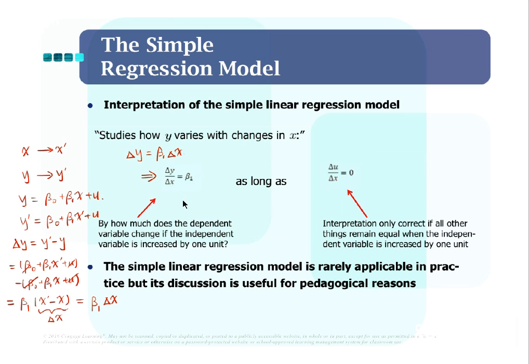And there is a very important assumption we have made here. That is, the u is not changing. That is, delta u equal to 0. So the interpretation is only correct if all other things remain equal when the independent variable is increased by 1 unit.